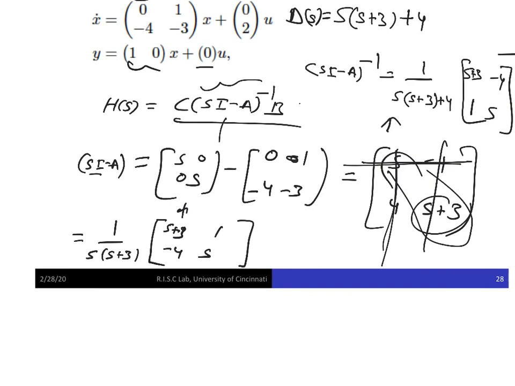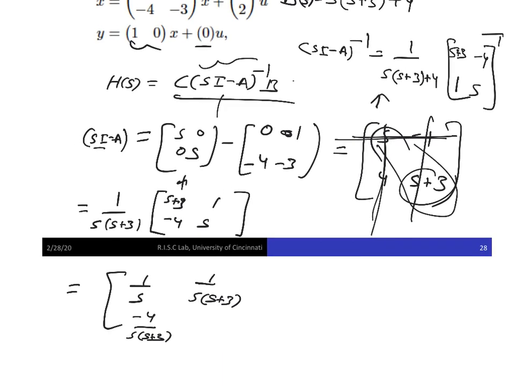Which means if you just multiply things in, the matrix becomes 1 over S, S plus 3 cancels out, and 1 over S plus 3, and minus 4 over S plus 3, and S over, so S cancels out, so basically 1 over S plus 3. So that is your SI minus A inverse.